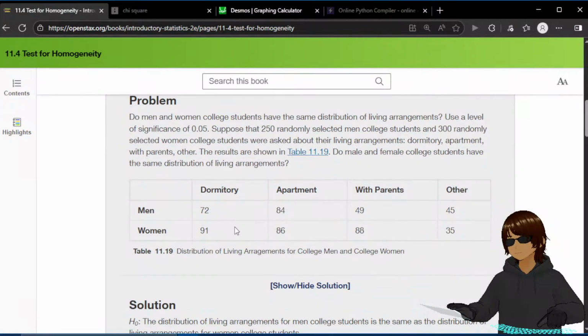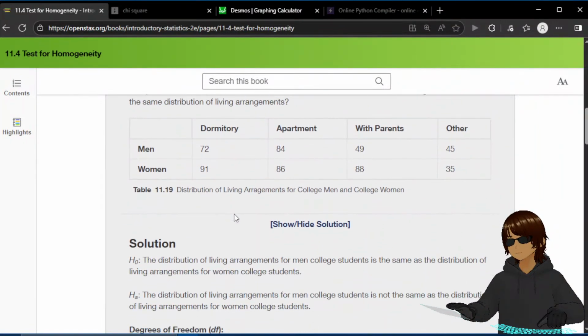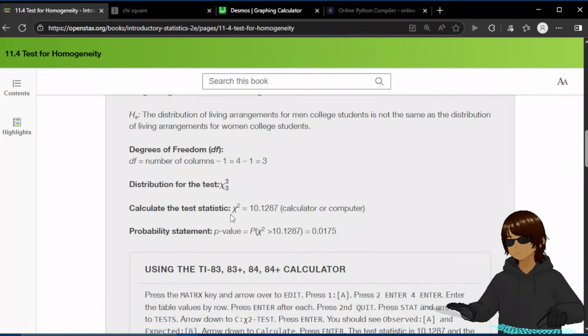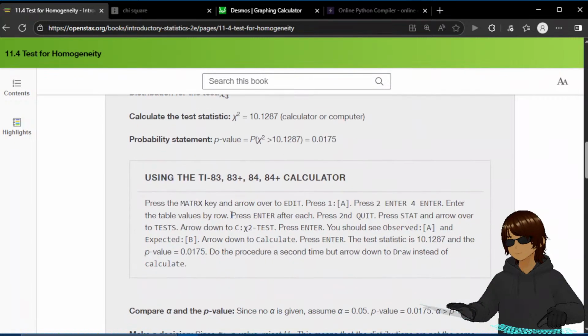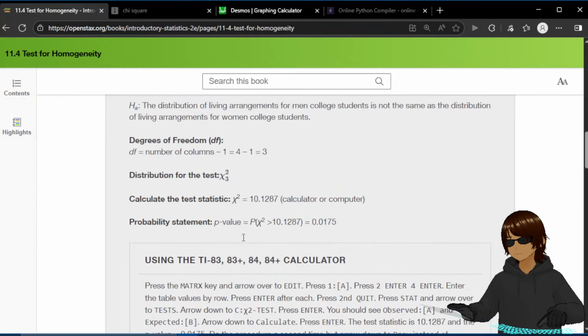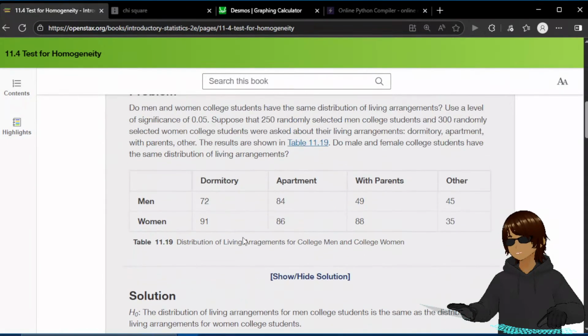Do we subtract them? Is that what it is? Do we treat one of them as observed and the other one as expected?